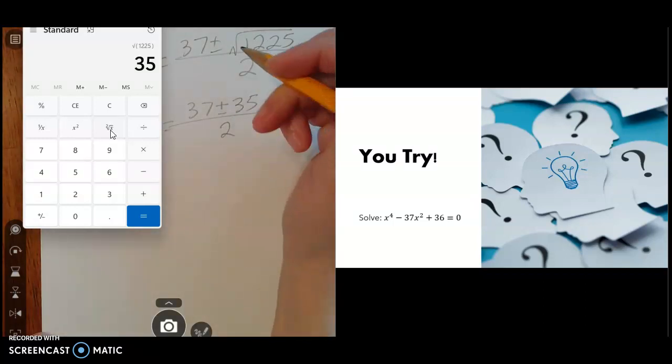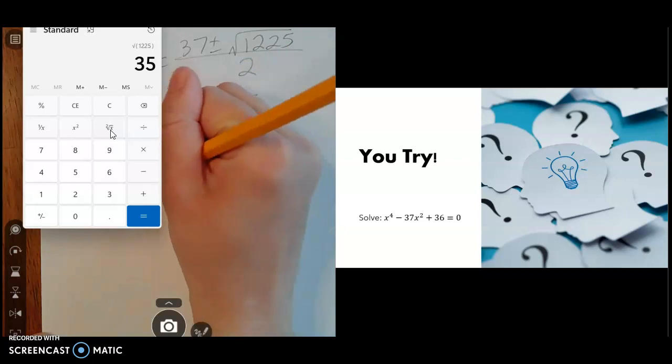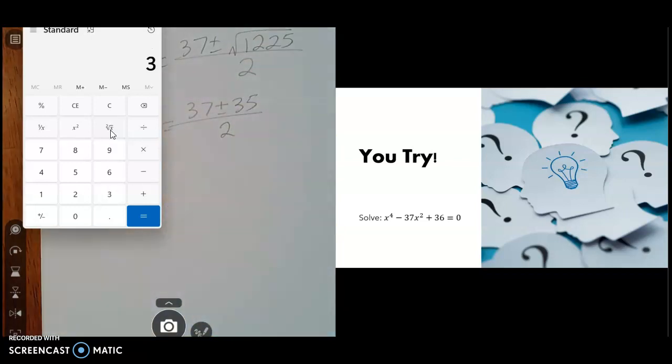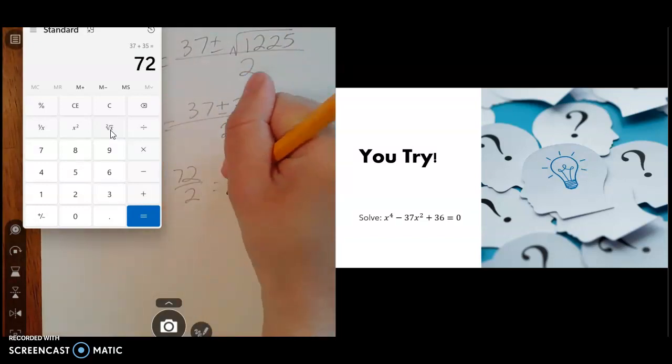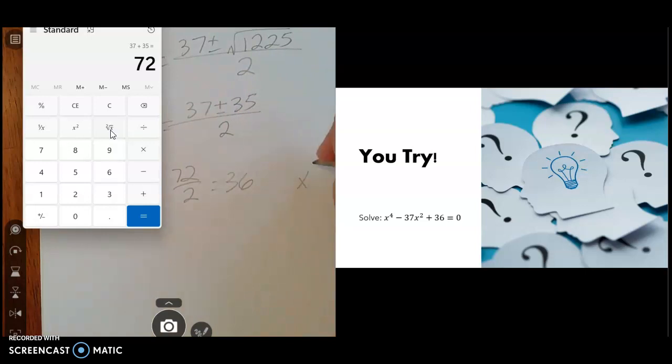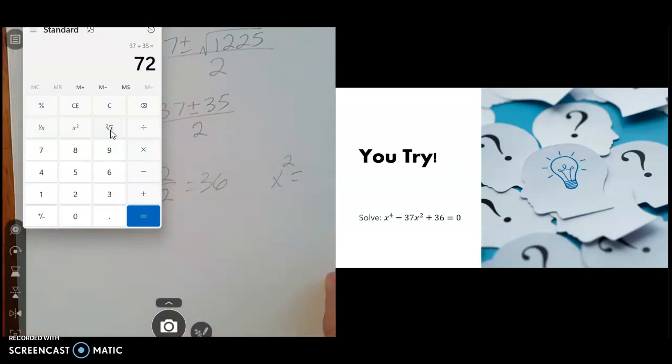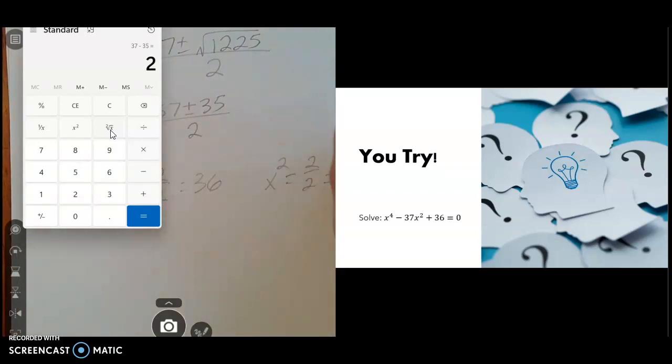All right. So let's see. From here, 37 plus 35 would be 72 over 2, which would be 36. The other option, if you did 37 minus 35, would be 2, and 2 over 2 is 1.